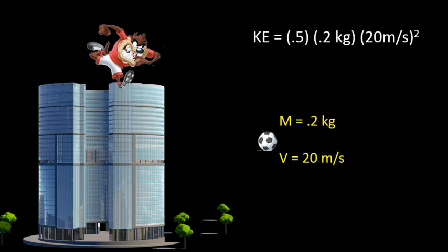And that gives us the formula kinetic energy equals 1/2 times the mass 0.2 times 20 meters per second. And then we square that, and that gives us a total of 40 joules. All right, now keep that in mind that our kinetic energy was 40 joules halfway down.